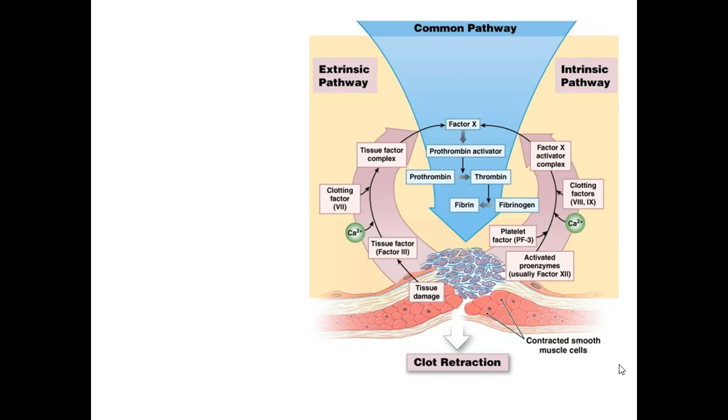Okay. And say this is activated thrombin now. What does this do? It cleaves a part of that fibrinogen off so that now the fibrinogen starts forming fibers, right? Forms a meshwork.